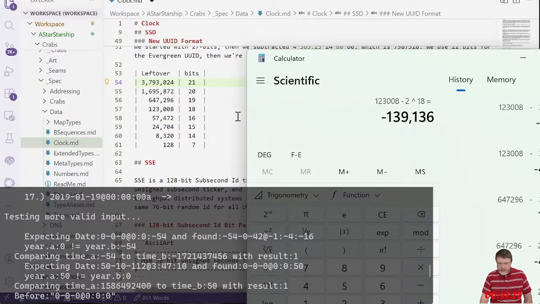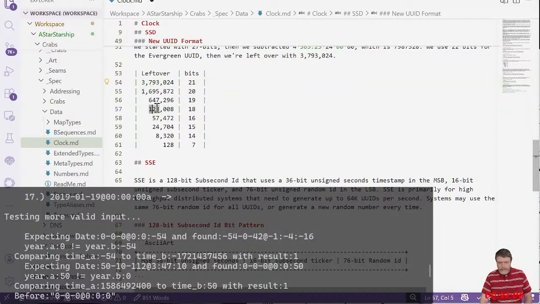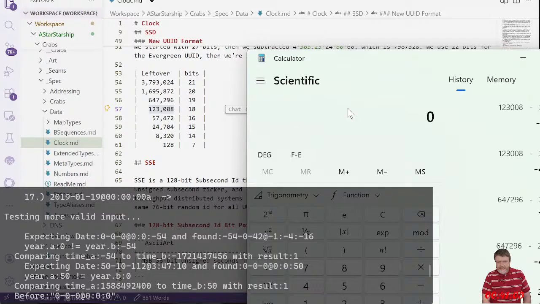Oh, so it can't be. It's 17. Whoa, it's 16? How did I do that? 3793 minus. So this minus 2 to the 16th is 1.